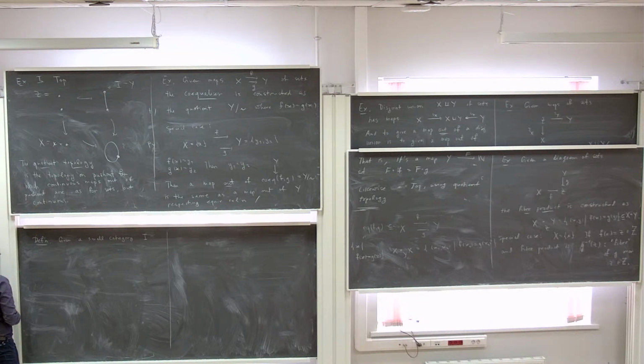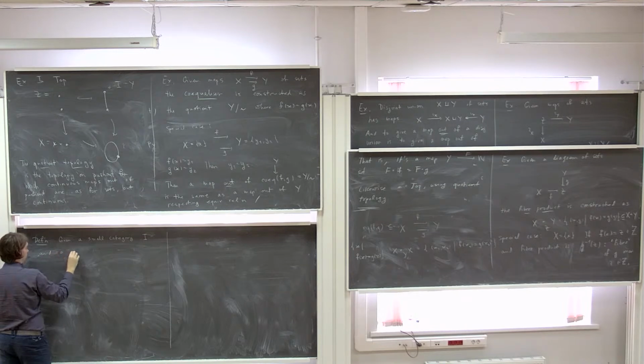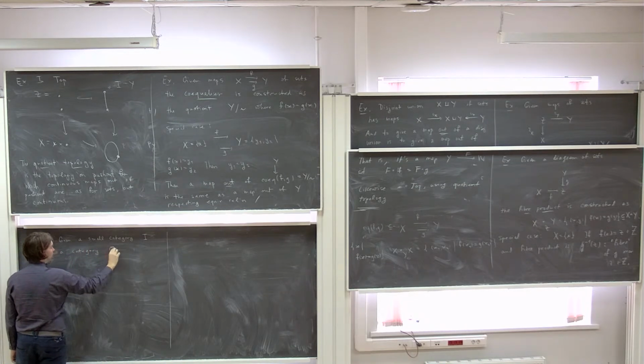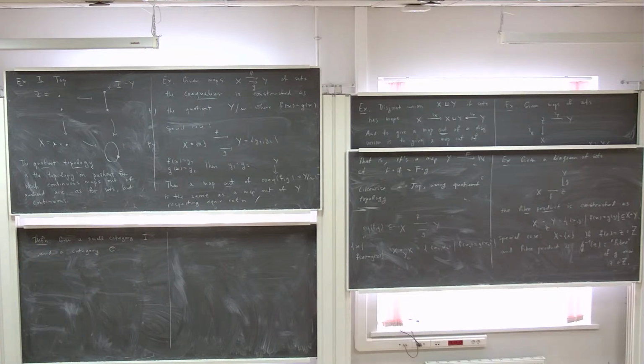So given a small category I, a diagram in a category C, maybe C is big. There's no set of all sets.